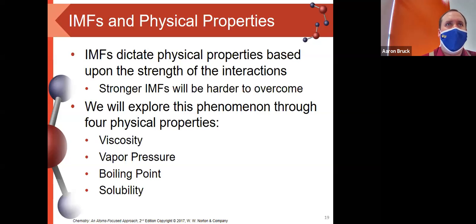However, we do find that dispersion forces have an impact when we start comparing molecules that have similar types of dipole forces to help us to differentiate the two.